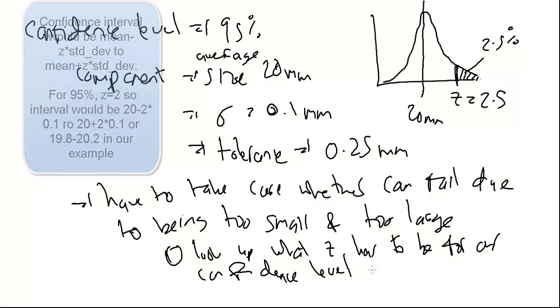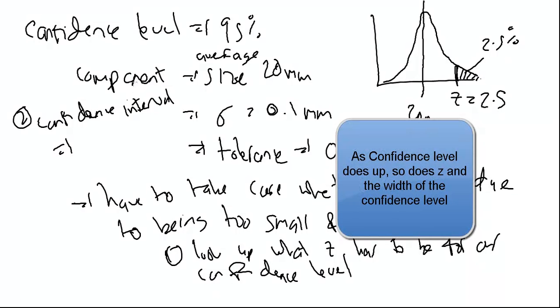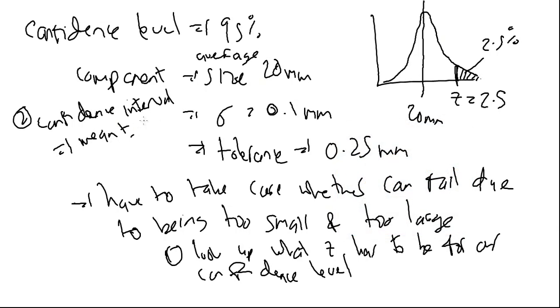I'll write that over here. It's a bit crowded. So that would be the mean plus or minus Z standard deviations.